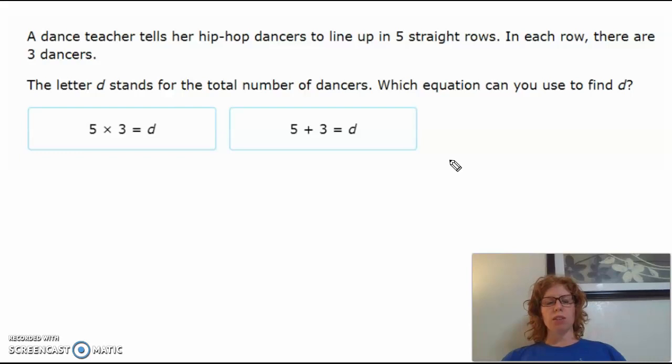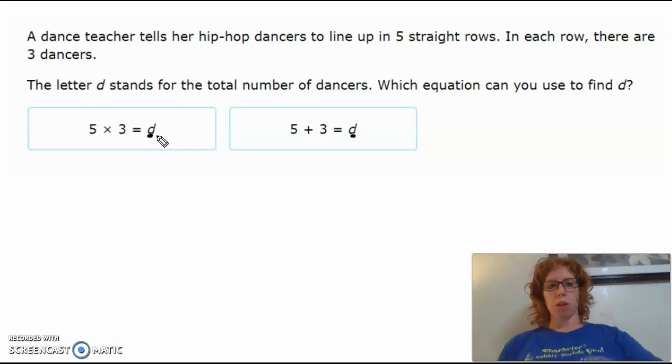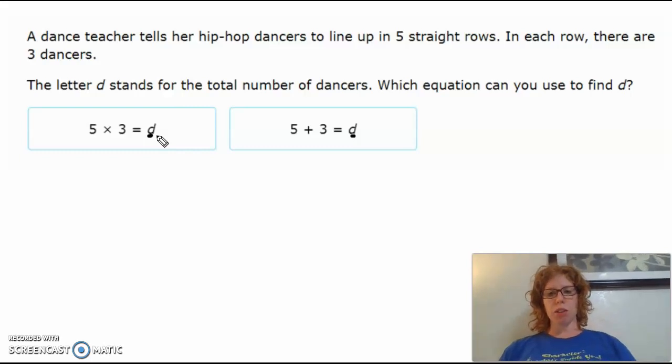So if we are trying to figure out how many dancers there are, that's what D means, D for dancers. Both of these equations have the letter D, and that is our missing variable in this word problem. We don't know how many dancers there are. So anytime you see a letter in a math problem, ask yourself what? Put a question mark there.